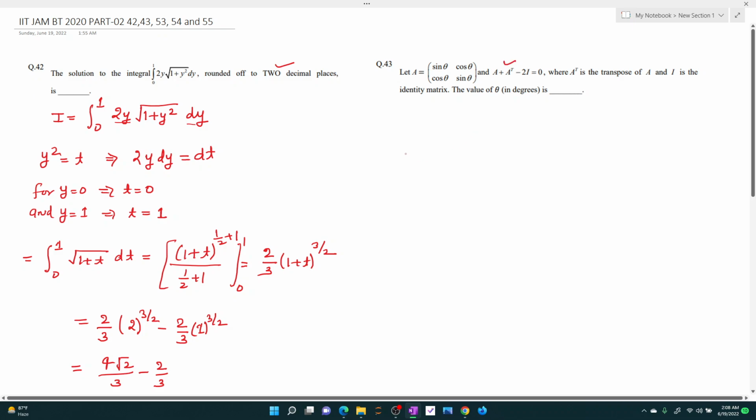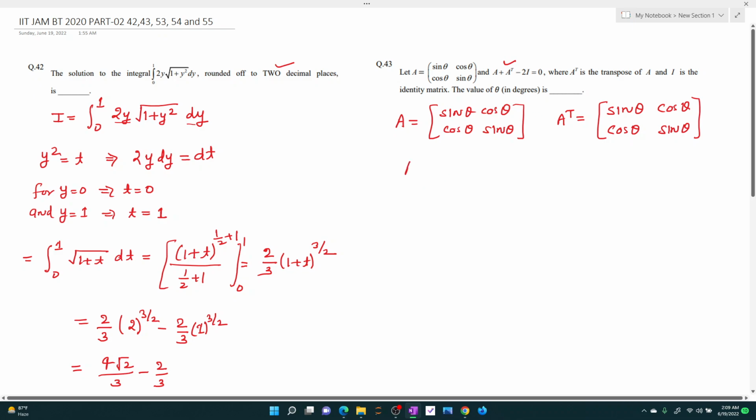First let's find out the value of A. Taking the transpose, we convert rows into columns, but it looks like exactly the same matrix, since it is symmetric. So we can say that A transpose is nothing but A here.